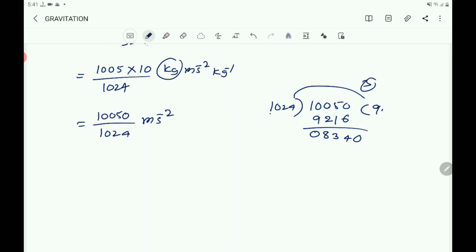Then 8 4s are 32, 8 2s are 16 plus 3 is 19.